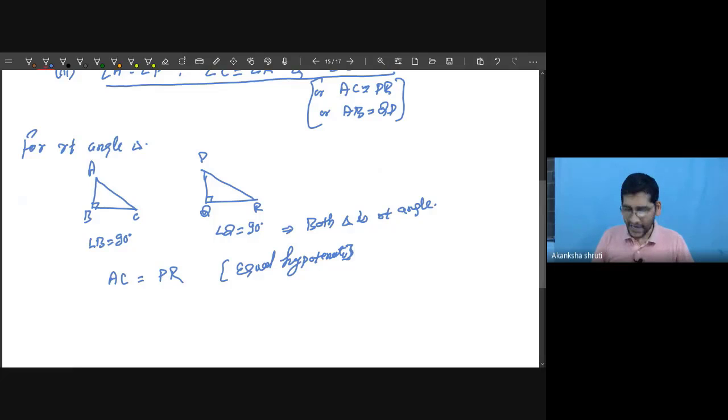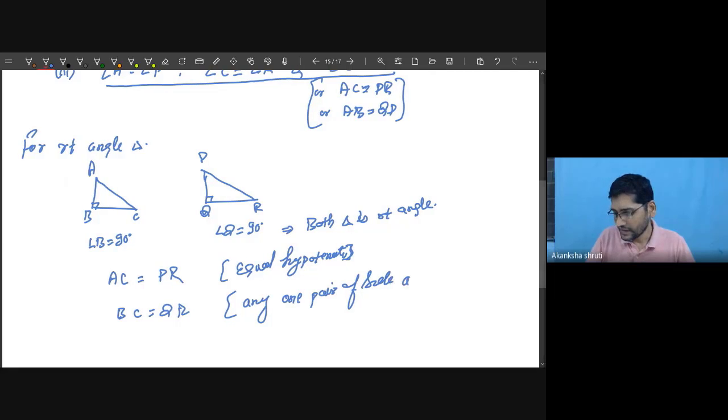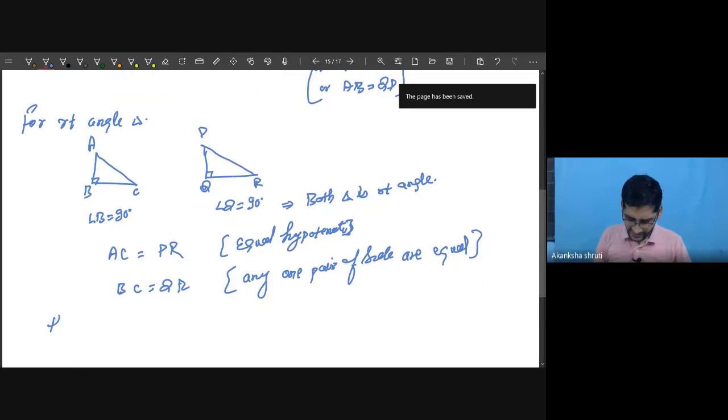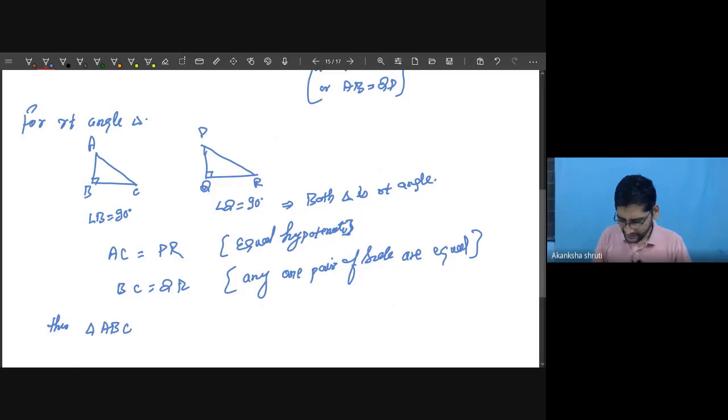So here the hypotenuses are equal, and any of the sides are equal. Let us take BC equals QR. So any one pair of sides is equal. This is the condition. If this is the condition, then triangle ABC will be congruent to triangle PQR.